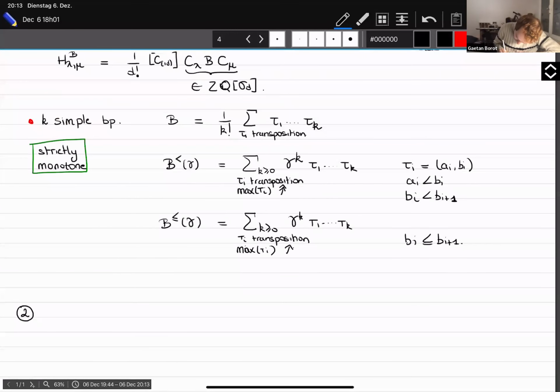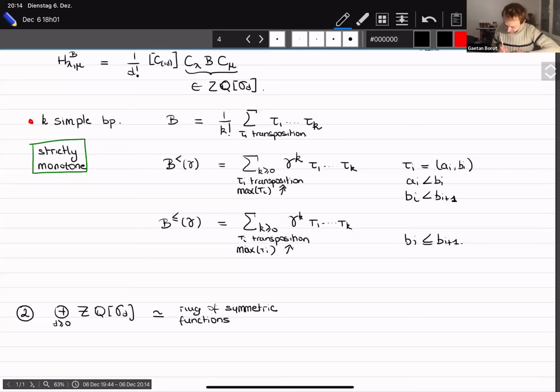So you want to consider this space, which is the center of the symmetric group. And as a vector space, this has three descriptions. It's also the space of the ring of symmetric functions. So the isomorphism is as a vector space.